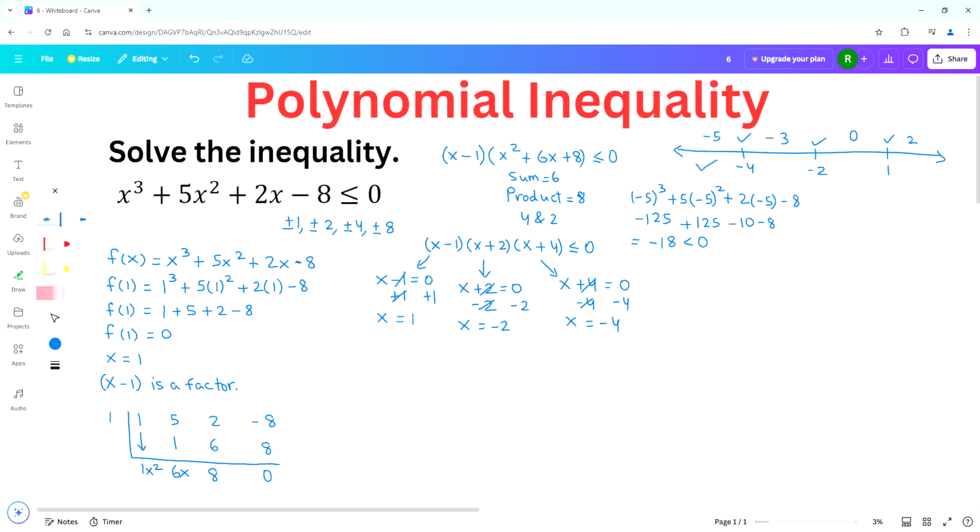Next, we can use the test value -3. We should sub in x as -3 in the given inequality.